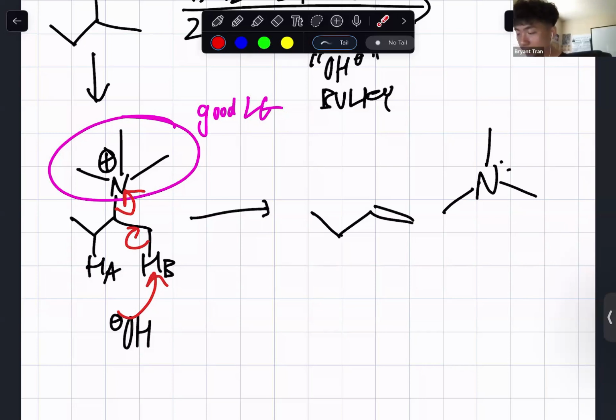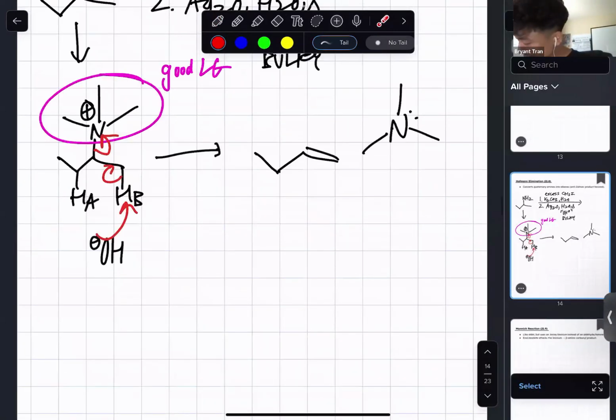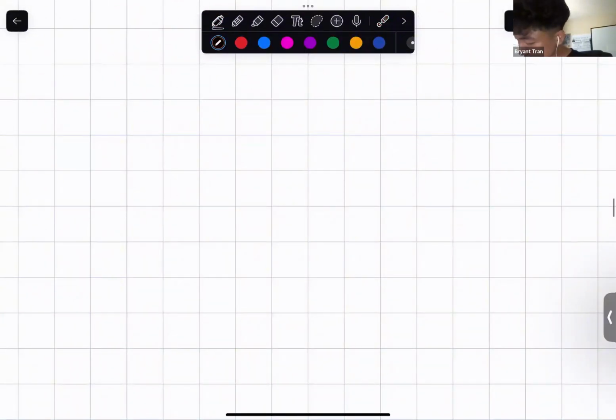Okay, so that's Hofmann elimination, but it can get tricky because when you do practice problems, or the AAMC ones, you can get rings and you could have it go multiple times, which I'm going to show you here as an example. So let's say we have something like this.